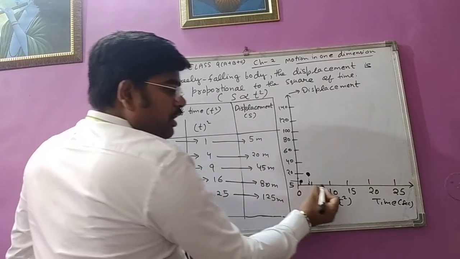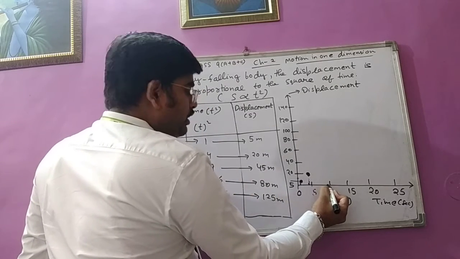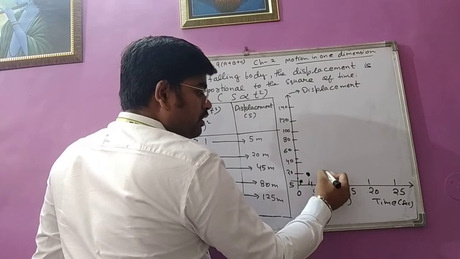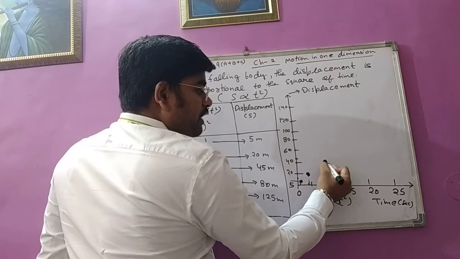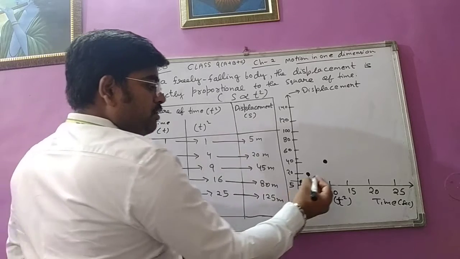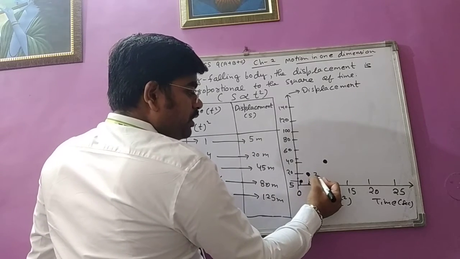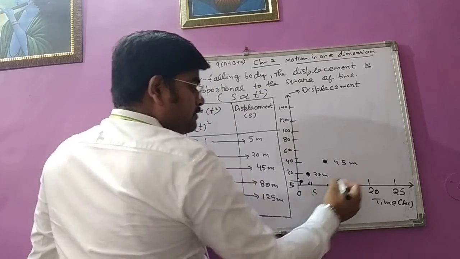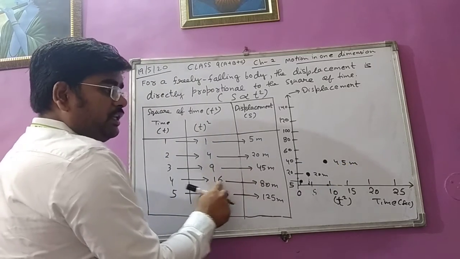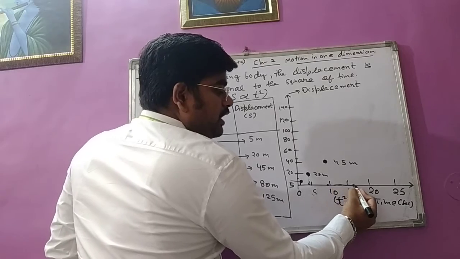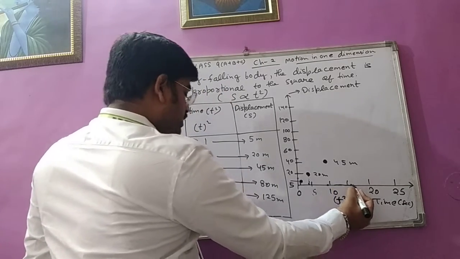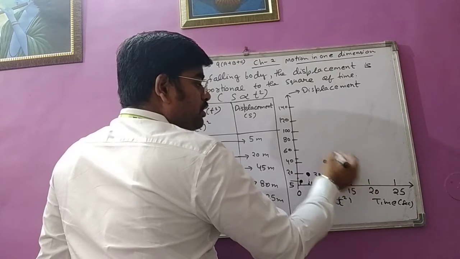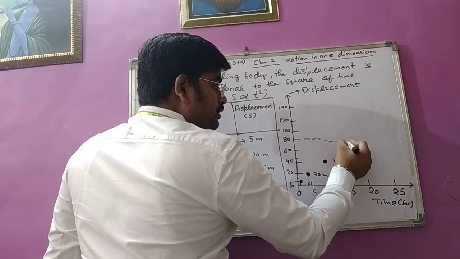From the 9 here, approximately we have taken 9 and 45. Suppose that 45 is here. We have got 45 also. Here is your 20 meter, beta. Here is 45. Now for 16, a little after 15, that is your 16. 16 and 80 we have got.